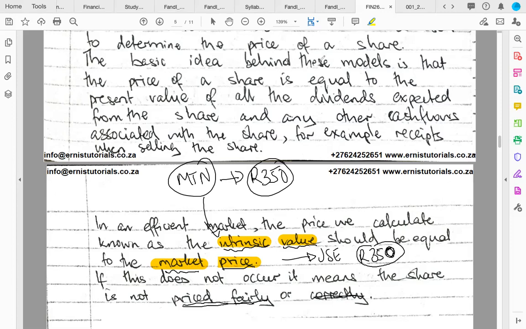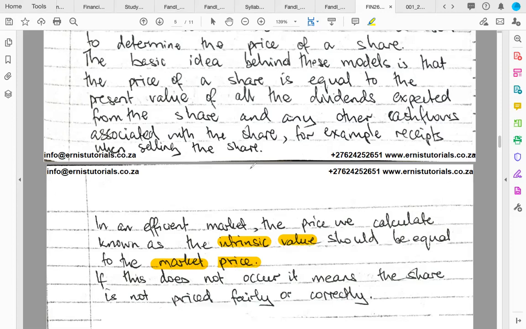Okay, so that's important. There's a special theory known as the efficient market hypothesis, which states that if the intrinsic value is equal to the market price, the share is priced fairly, and the theory says in an efficient market, the price that we calculate should always be equal to the market price. If the market is efficient, the price that we calculated should be equal to the market price.